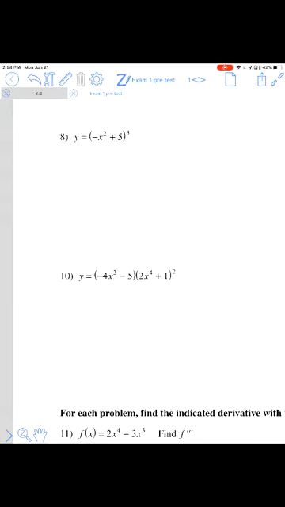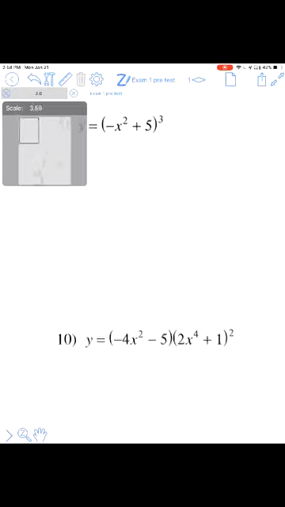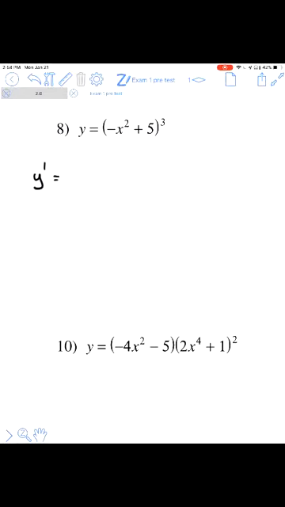Next question, question 8, is an illustration of the chain rule because we have an inside function and an outside function. So if you recall, the chain rule states we need to deal with the outside function first. The outside function has a 1 coefficient, so it's really just the power rule. The coefficient multiplies with the exponent there.